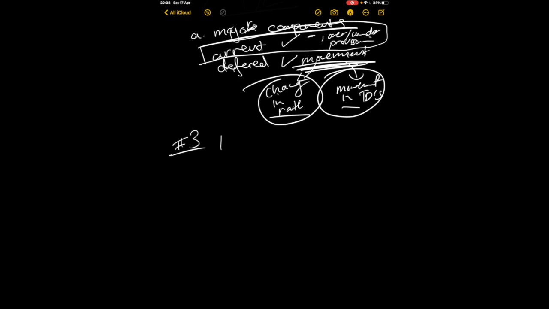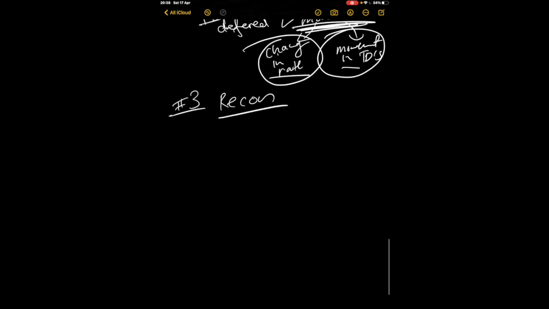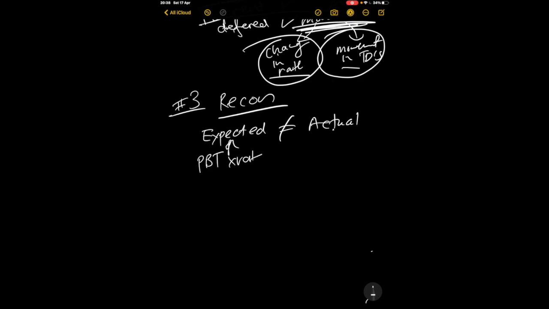Then the third disclosure is our recon. The idea behind the tax rate recon is that we explain why our expected tax is not equal to our actual tax. Our expected tax is our profit before tax multiplied by the tax rate, because that is the tax that we expect to pay.